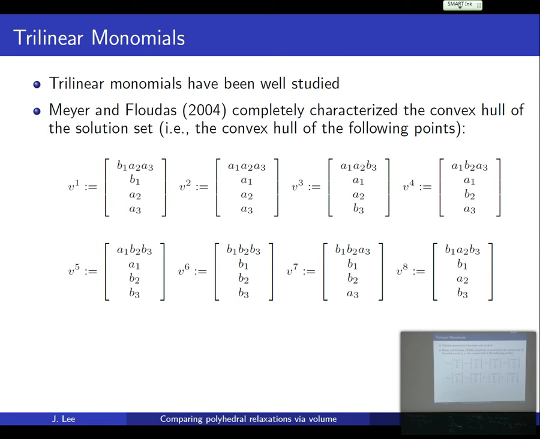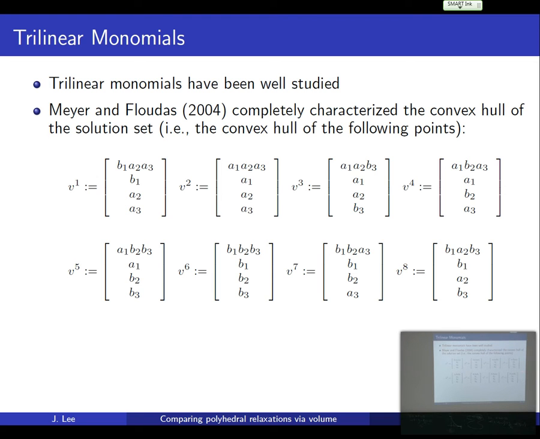Trilinear monomials, the product of three things, have been studied quite a bit. The convex hull of the solution set: when I think of the solutions, I think of four variables. There's x1, x2, x3, and then the top variable is the product. So these are the different combinations of the variables at the endpoints of their ranges.